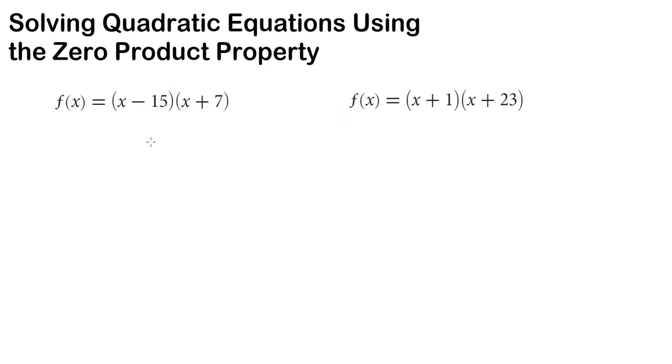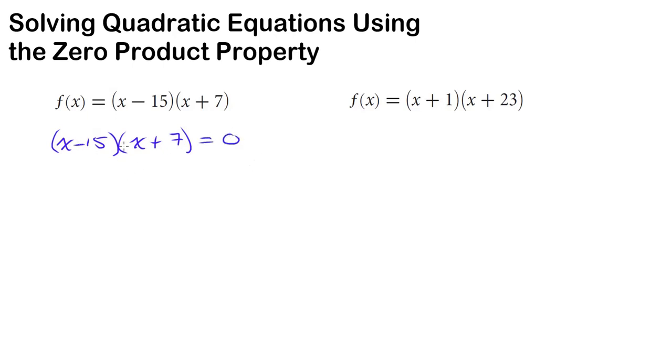All right, so let's take a look at some examples of quadratic functions written in factored form and use the zero product property to find the x-intercepts or zeros of the function. So what we want to do is take this function and write it as an equation set equal to 0. So we're going to say, all right, x minus 15 times x plus 7 equals 0.